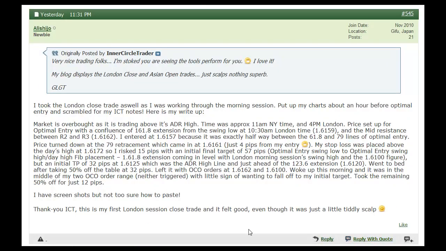Yeah, I'm going to like this right now while I'm here. This was very interesting when I read it. They say that it took the first London close trade and used optimal entry and using his notes. All the information here, excellent, very good.